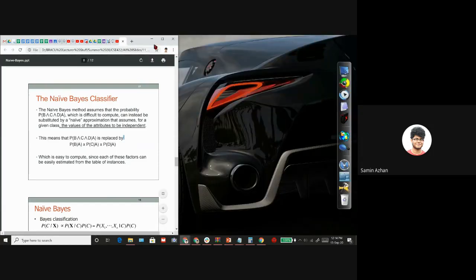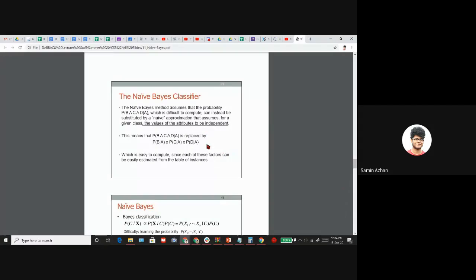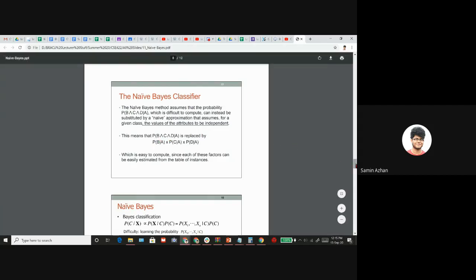The problem with naive Bayes is it trades accuracy for simplicity. The accurate thing to do would be to actually use the Bayes rule to calculate this very difficult thing. But since it's very difficult to calculate, the naive Bayes classifier says that to make things more workable, since in the real world there will be a lot of attributes and things are going to get very complicated, we assume that the attributes are conditionally independent and we use this formula instead.